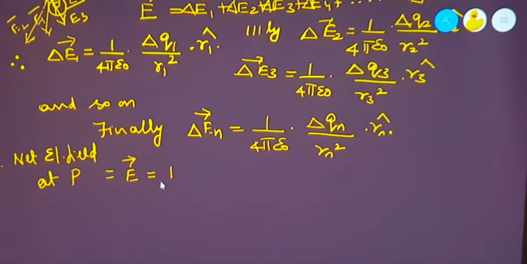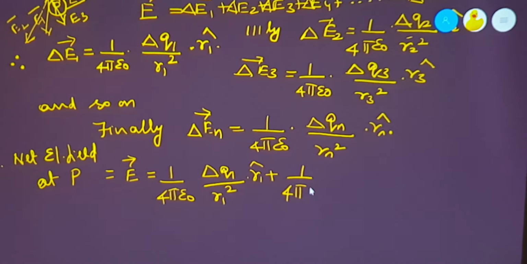Delta E1 is 1 by 4 pi epsilon 0 delta Q1 divided by R1 square into R1 cap, plus the second one, delta E2. What is delta E2? Here I have written 1 by 4 pi epsilon 0 delta Q2 divided by R2 square R2 cap, plus, like this it is going on.